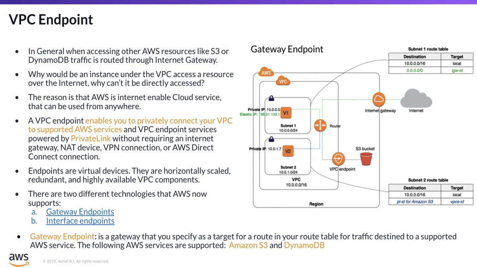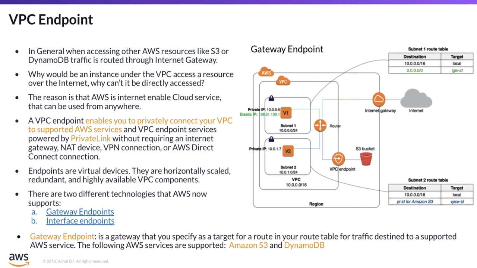It doesn't make sense sometimes to have a VPC within the AWS network and also have an S3 or DynamoDB resource to be connected and used, with the route going through the internet or public cloud.